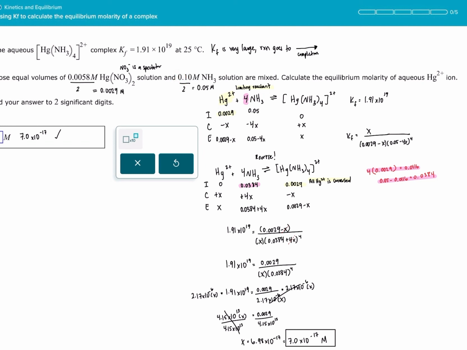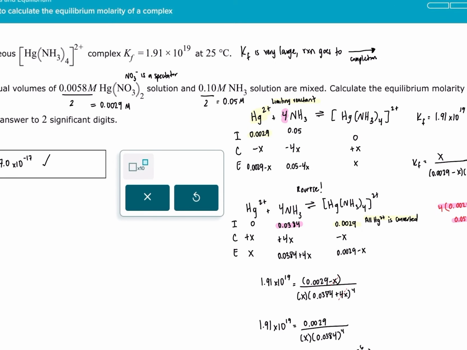Say we had 1 liter of HgNO3 added with 1 liter of NH3. Our final volume now is 2 liters. So to get the molarity, you have to divide it by 2. So you can divide this number by 2 every single time and use those values and it will work.